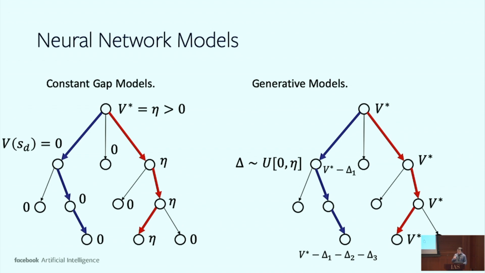There's another way we can model this neural network value function distribution: you start with the v star, which is the current node's value, but for all the non-optimal paths, we subtract a delta, and this subtraction by a delta will be followed in the non-optimal path. So basically, the lower you get, the smaller the value will be. Any other questions?